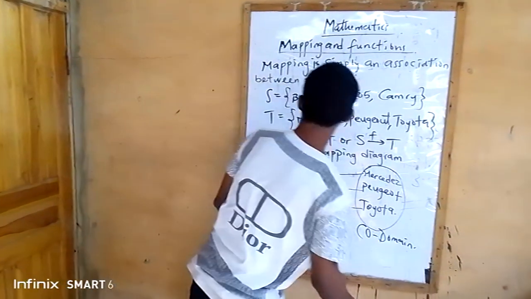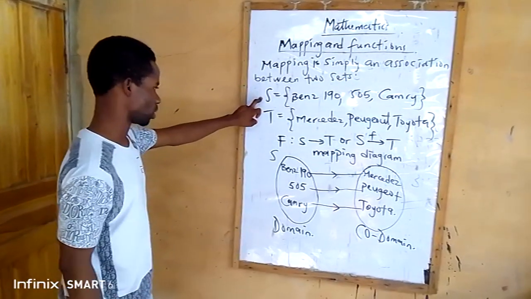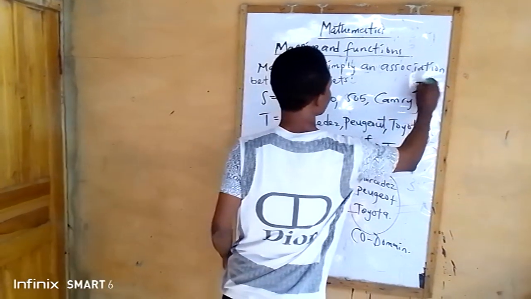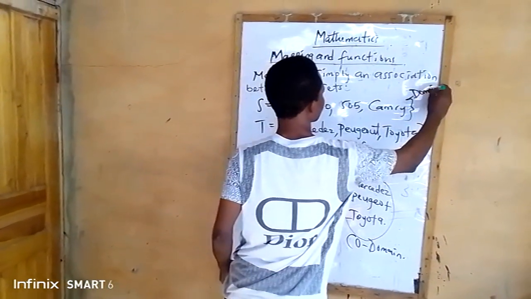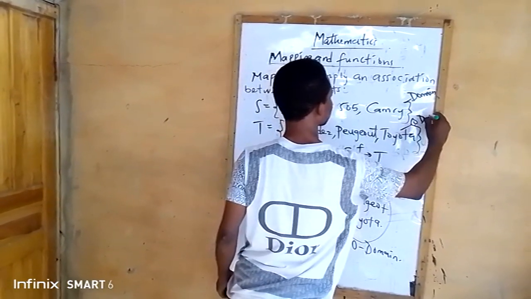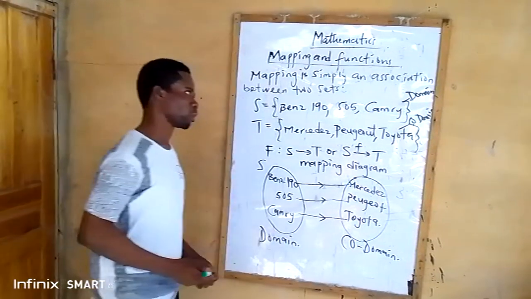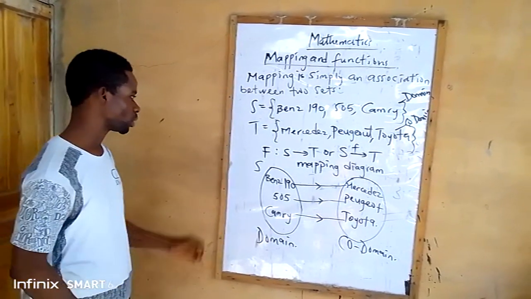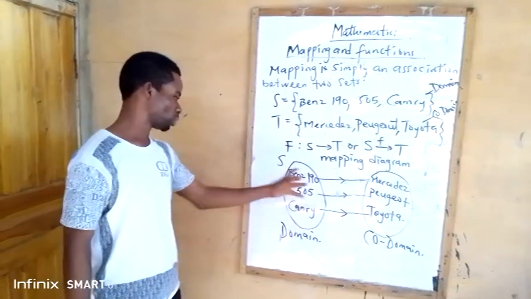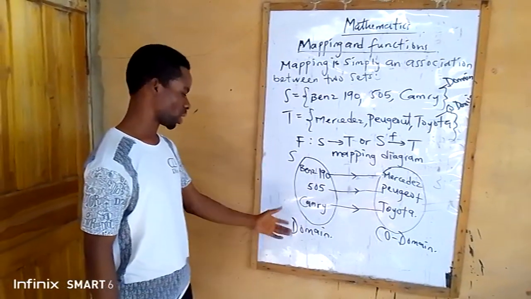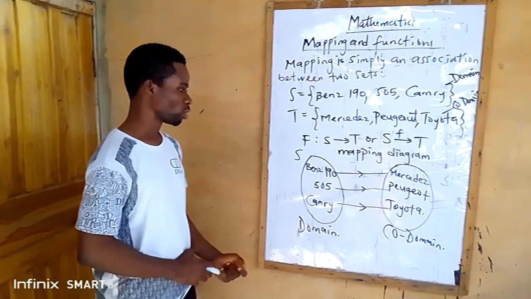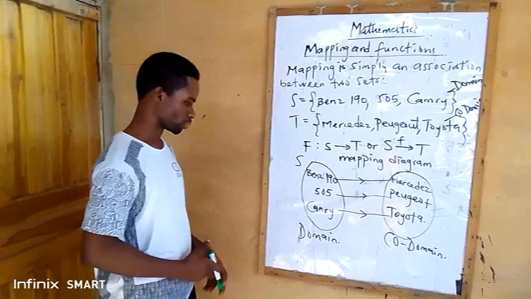That means this set X here, we call it domain, and this one we call co-domain. Don't forget, anytime you have the one at your left hand side, we call it domain, and the one at your right hand side, we call it co-domain.